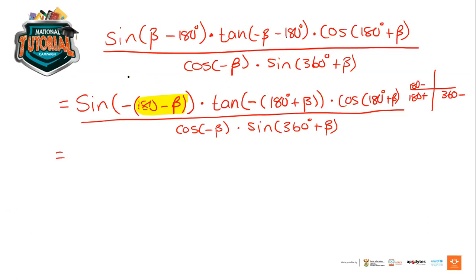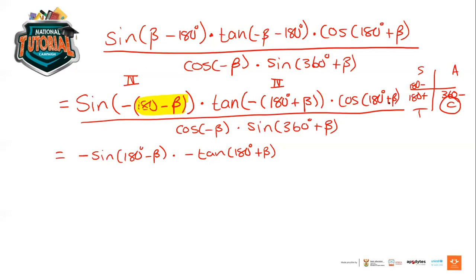That would be in quadrant 4, because we've got negative angles. And our CAST diagram tells us in quadrant 4, cos is the only positive one. So this will reduce to negative sine of (180° − β). Tan of a negative, that's also quadrant 4, and it's going to be negative tan of our angle.